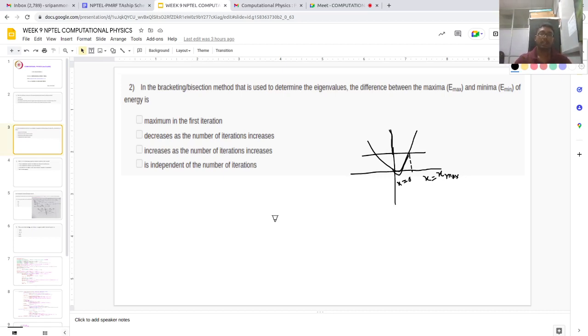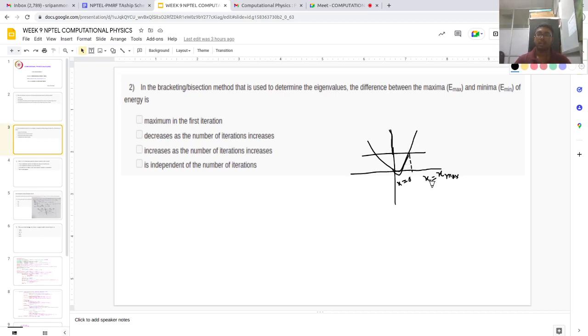If for our guess of maxima and minima we find that the number of nodes is higher than the expected nodes, then we have to diminish our upper level.